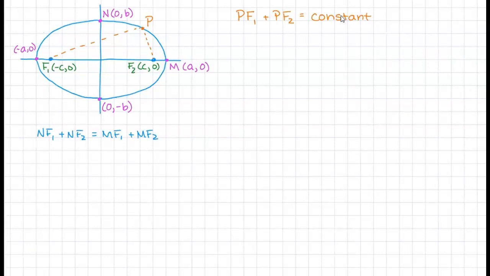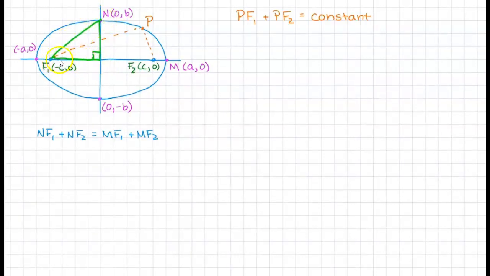All right, let's see what we can do with that. So the first thing, let's look at the N to F1. So N to F1, that's this distance right there. Well, look at what we got here. We have a right triangle. So I can easily find the hypotenuse of the right triangle by just doing the Pythagorean theorem. Leg squared plus leg squared equals the hypotenuse squared.